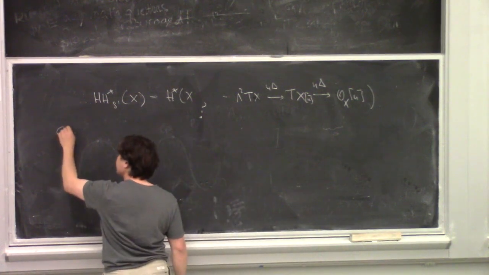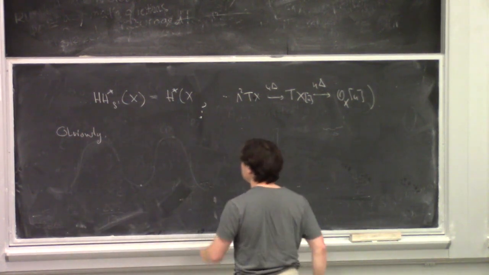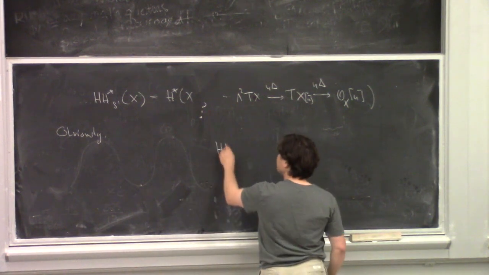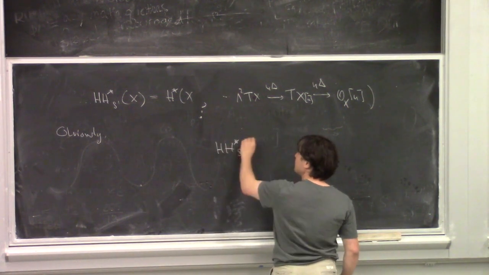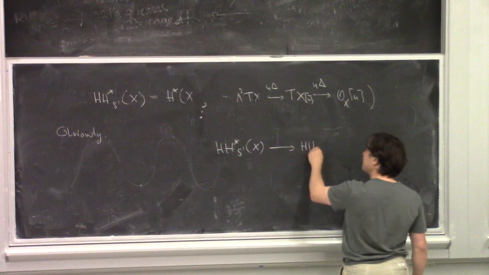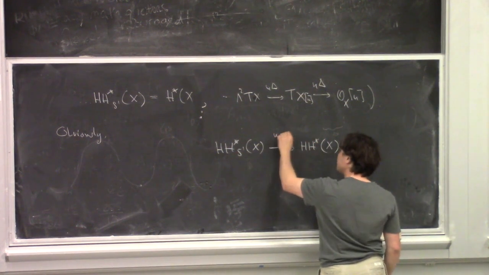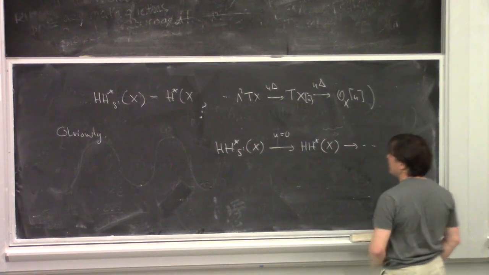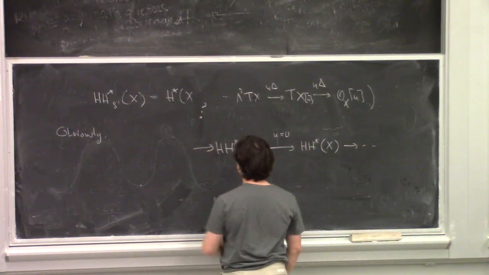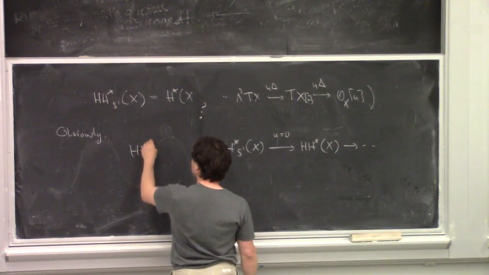So obviously, what happens here is that if I take this and set u equal to 0, then you land back in ordinary Hochschild cohomology. And the kernel of this map is given by the image of the multiplication by u map.